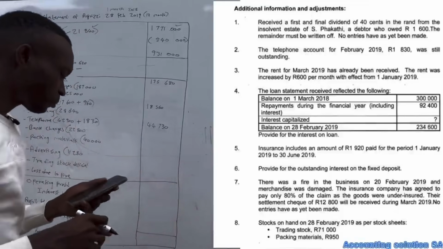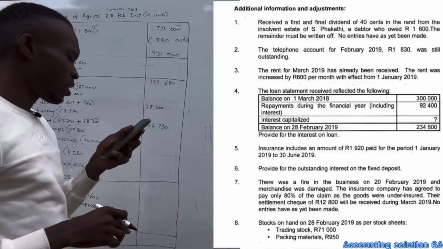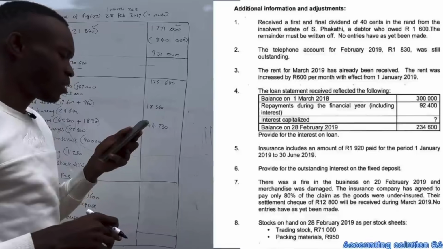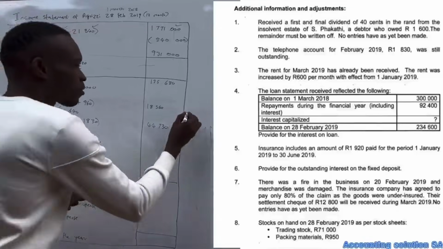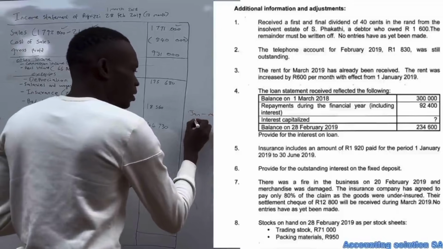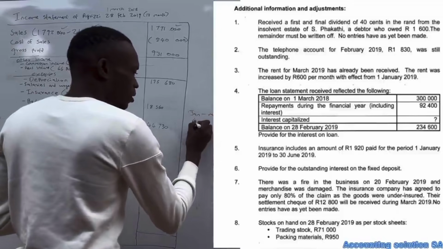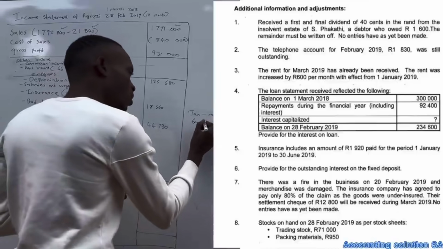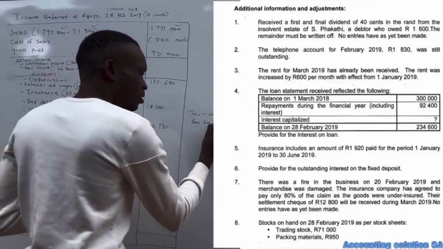Okay, they say that the rent was increased by 600 per month with effect from January. They said from January up to March there was an increase of 600. So it's 600 for January, 600 for February, and 600 for March.